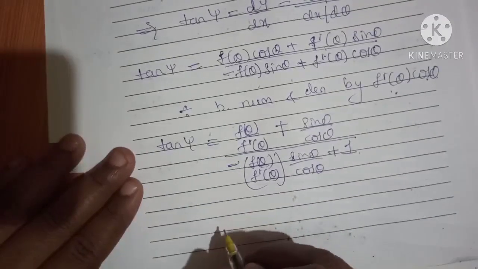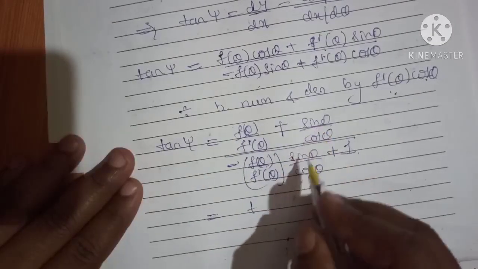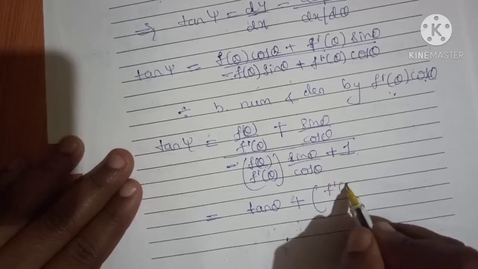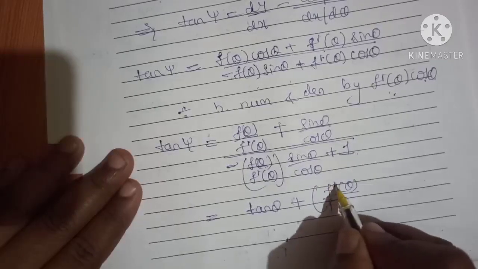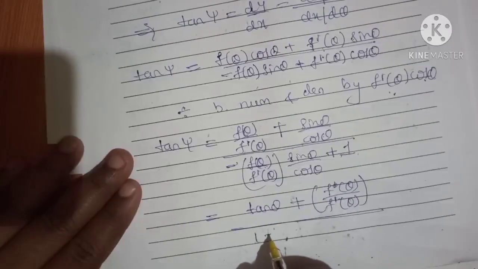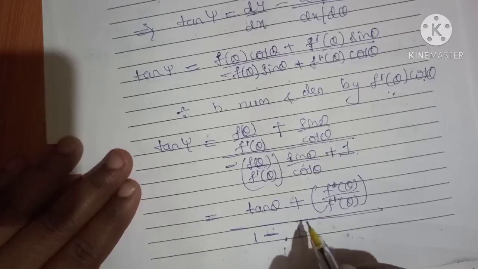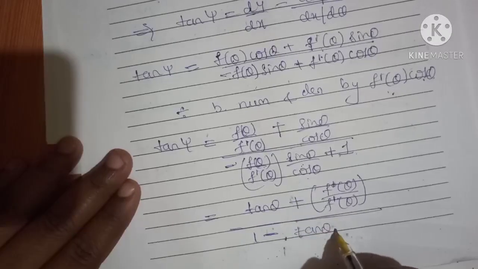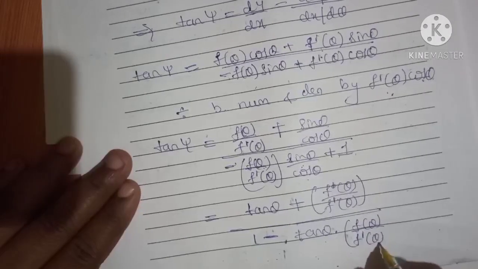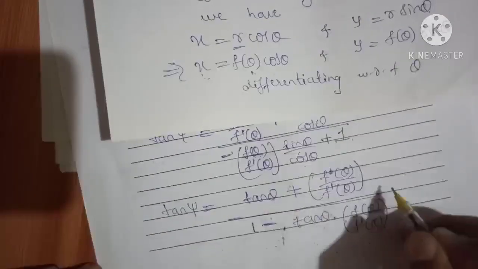Further simplifying, sin by cos can be written as tan, so that is tan theta plus f of theta divided by f dash of theta, whole divided by 1 minus tan theta into f of theta divided by f dash of theta. Consider this as equation 2.